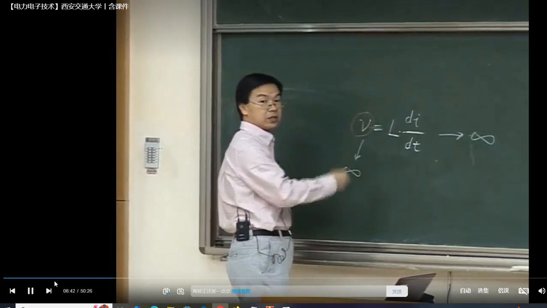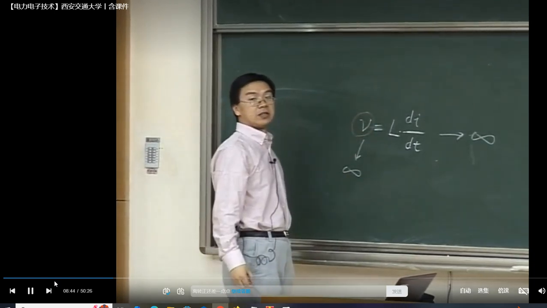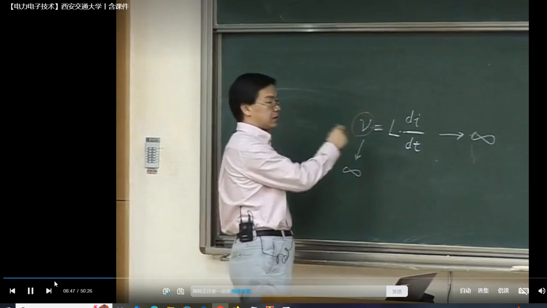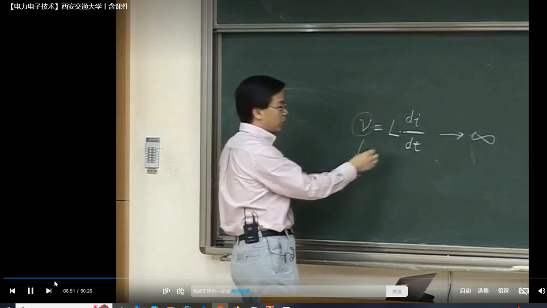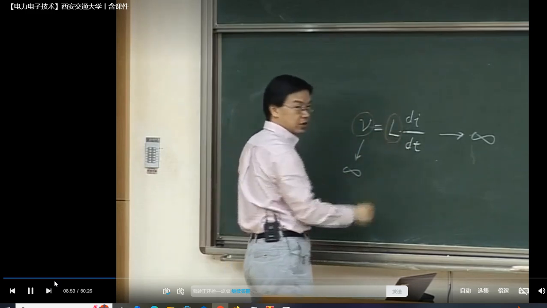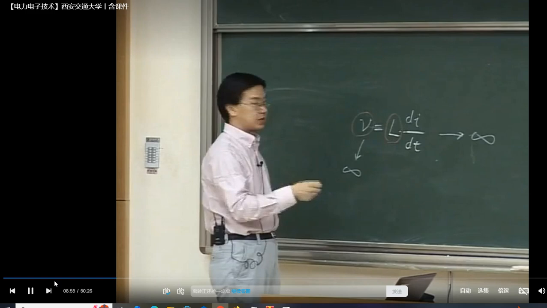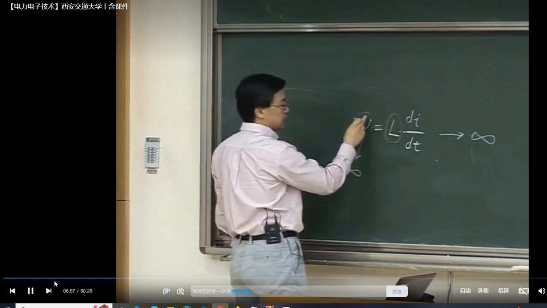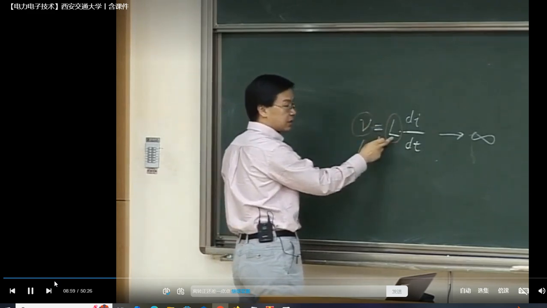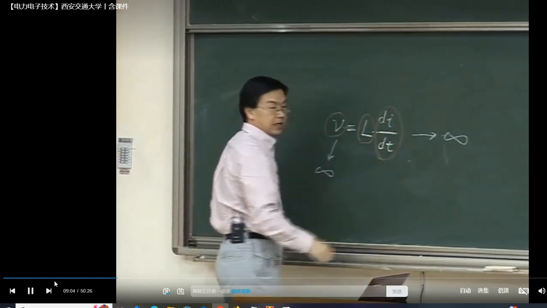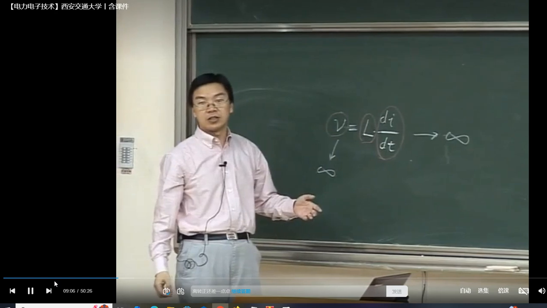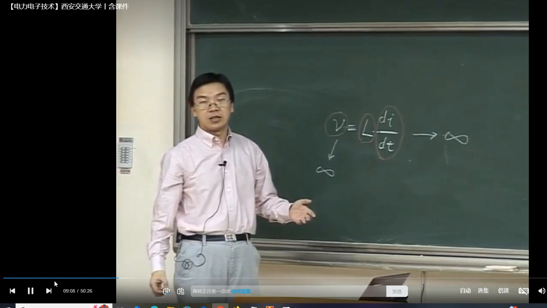There's always a limit on this voltage. So when you have an inductor in the circuit, in the current flowing paths, with a certain inductance, that means this dI/dt cannot be infinite large. It is always under a certain limit.